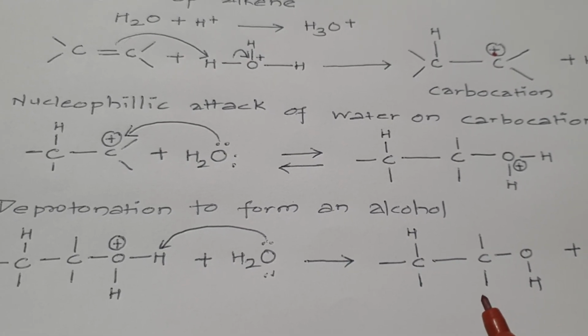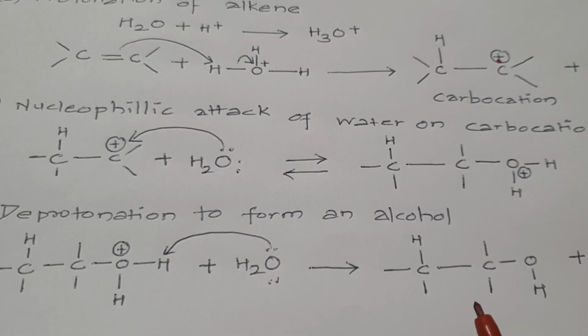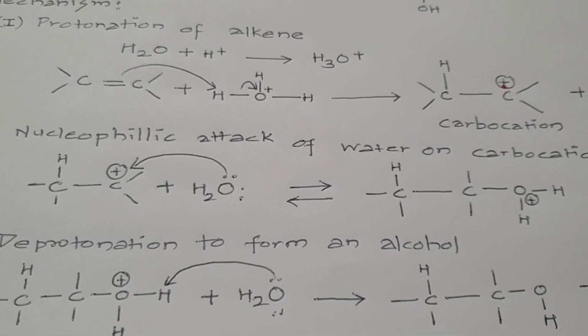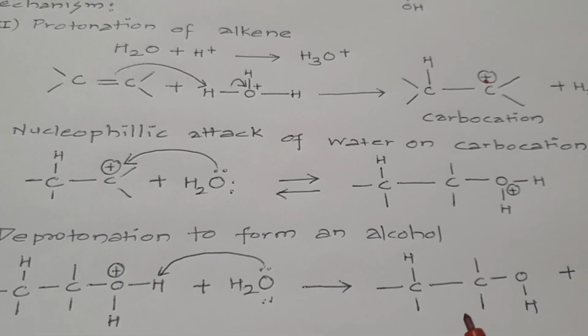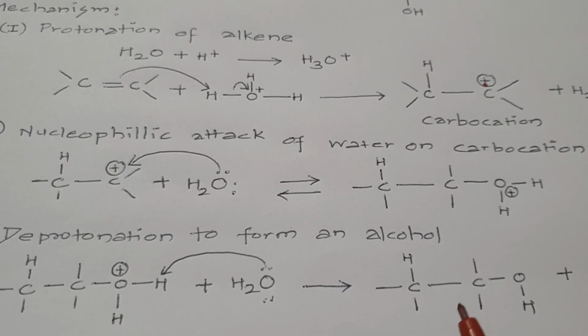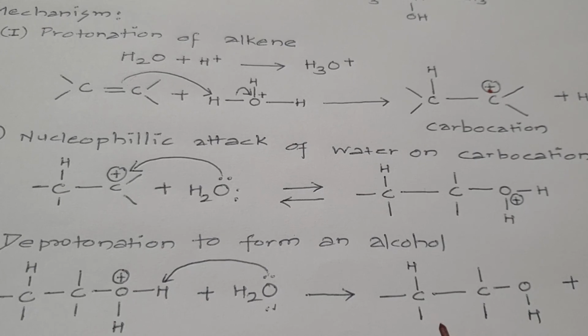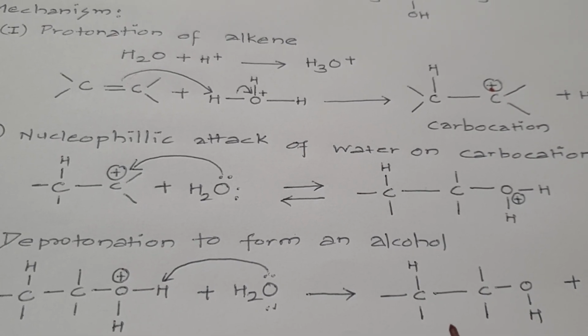To summarize again, here you have to remember that an asymmetrical alkene follows Markovnikov's rule in obtaining the secondary compound as the major product.